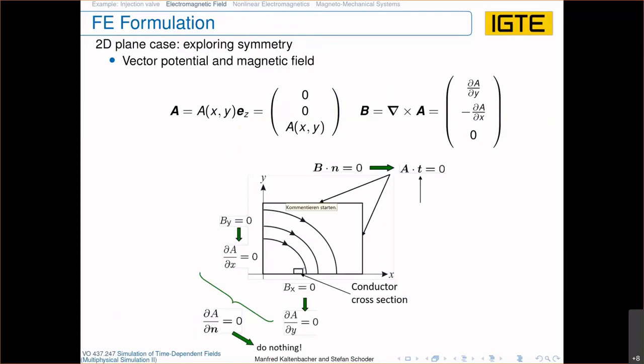So I just have here half of the conductor where the current was going out of the plane. And so along this line here we have symmetry, and along the y-axis we also have symmetry. So there is nothing to be considered at our outer domain, which is this part here.